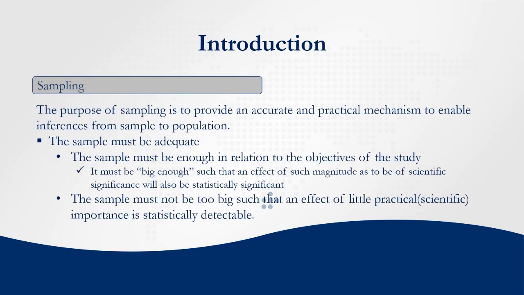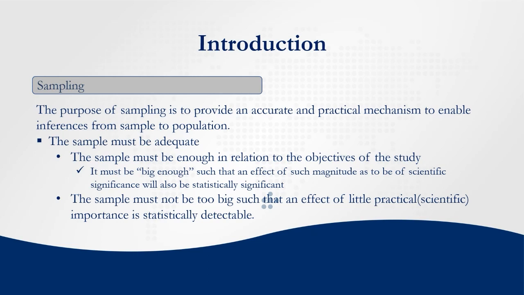So we want to provide an accurate and practical way to enable inferences, because we say that we want to make inferences, take what we see from the sample and apply it to the population. I've already said that the sample has to be adequate. That's why we have sample size determination techniques, and it has to be enough in relation to the objectives of the study.